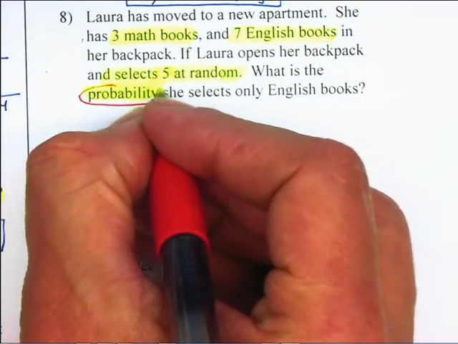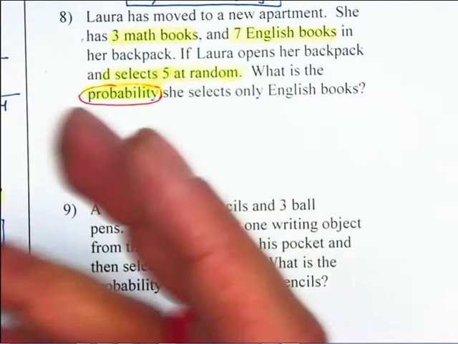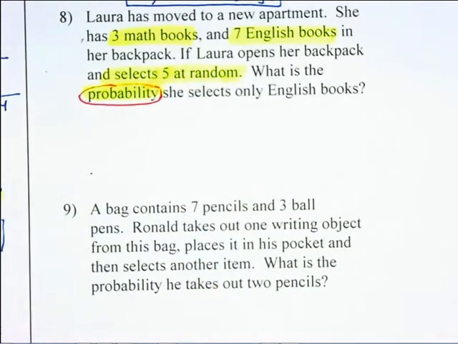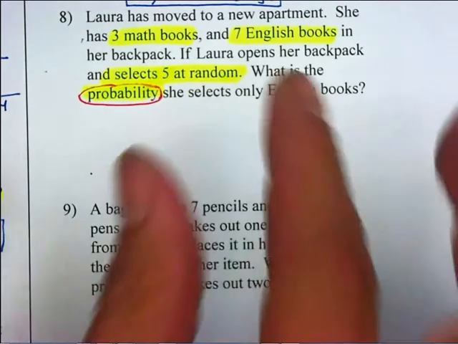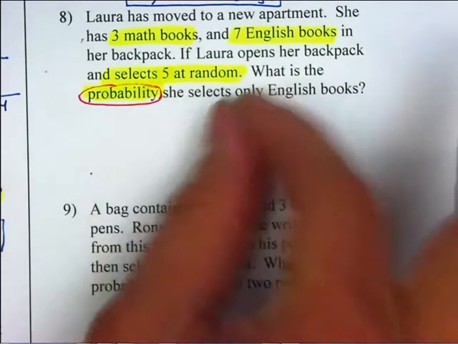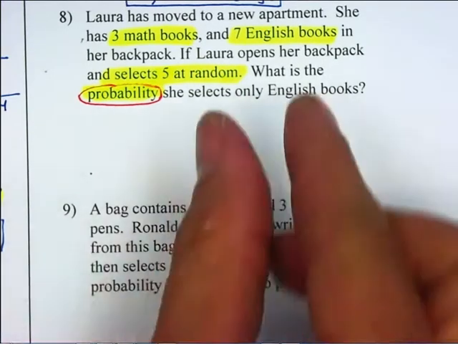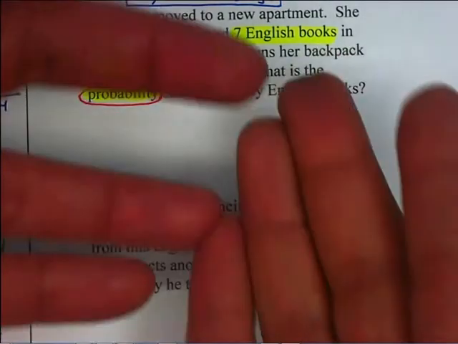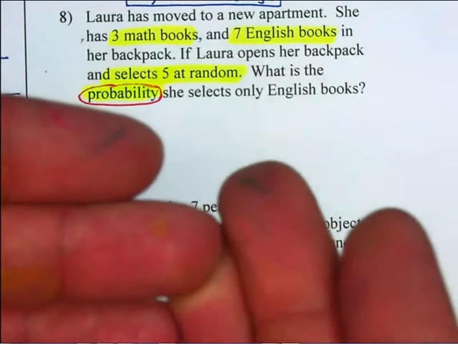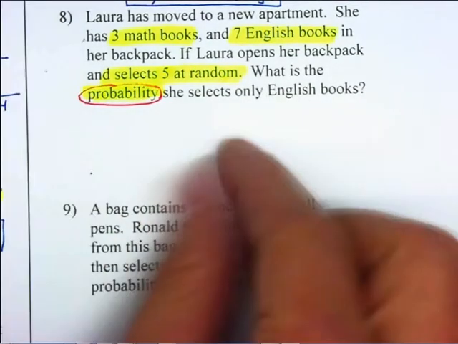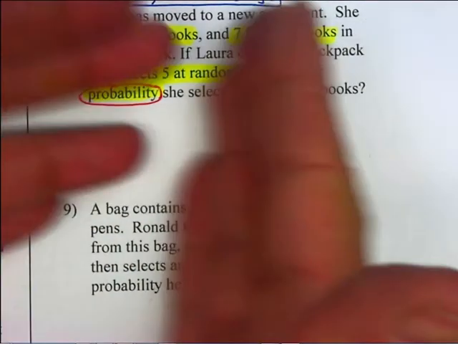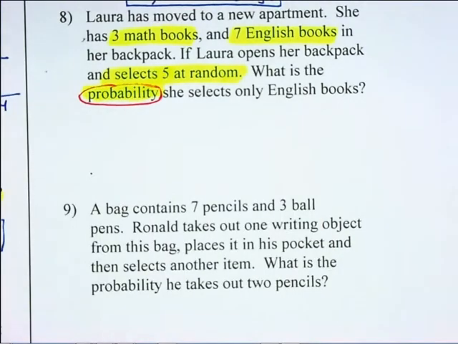Probability, that means that you're going to be having a fraction. Now the question is, is she selecting one and then another and then another, or is she selecting all of them at once? In this case, she's selecting them all at once.